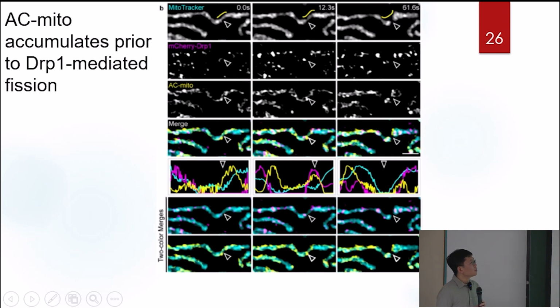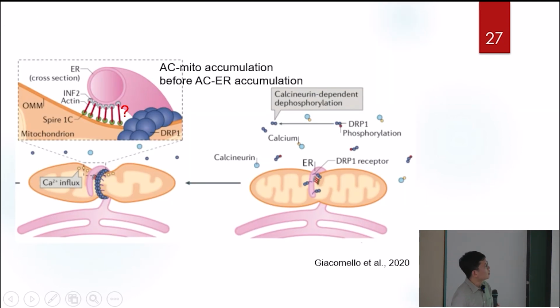So they use this method to prove several previous studies: actin comes first, then DRP1 comes in, and then mitochondrial fission. But previously, the model was that INF2 forms actin filaments polymerized from the ER and then attached to a receptor on the mitochondria.